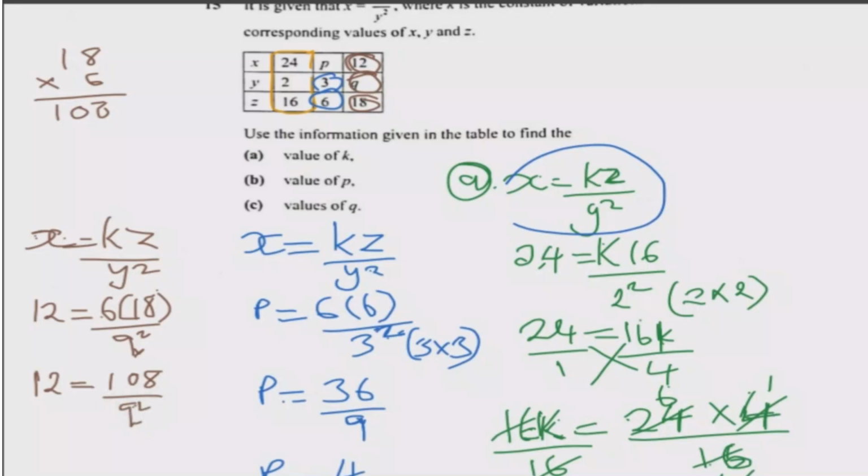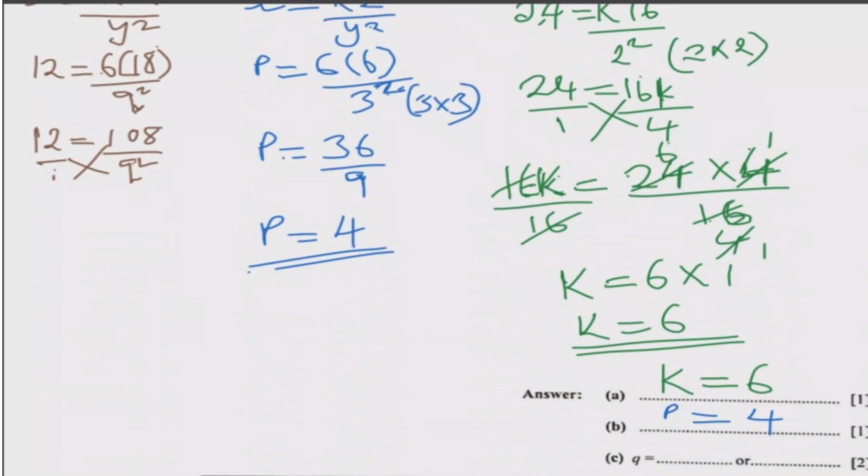q squared. So what we do is cross multiply. We're going to have 12 q squared is equal to 108.